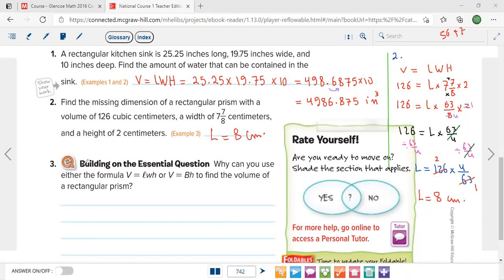In question 3, why can you use either the formula V equals LWH or V equals BH to find the volume of the rectangular prism?